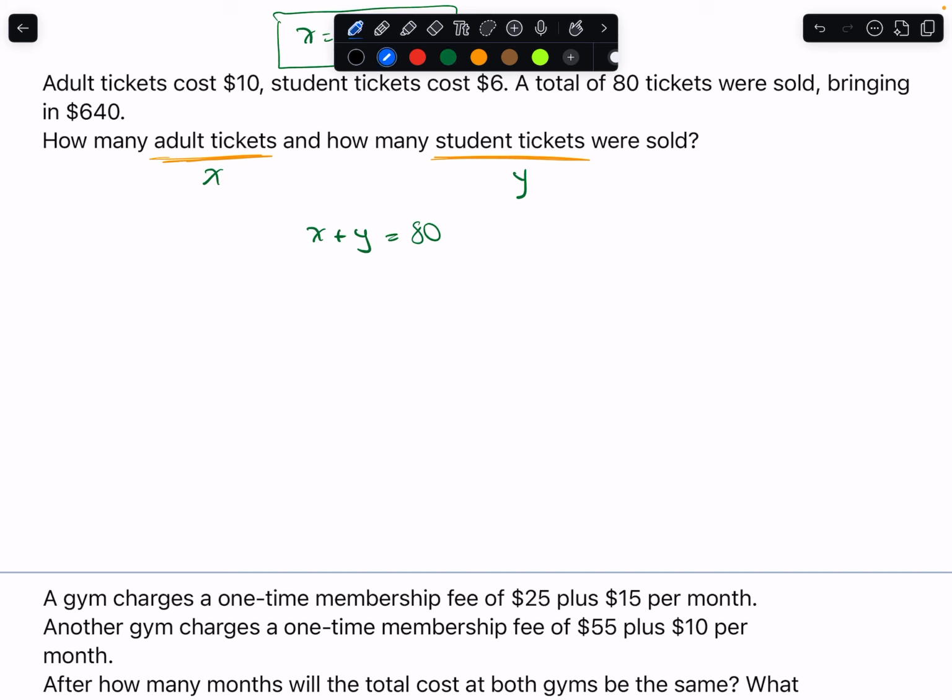The next portion of the question gives us another equation: the cost of adult tickets are $10, or 10x, and the student tickets are $6 each, or 6y. And altogether, it totals up to $640.